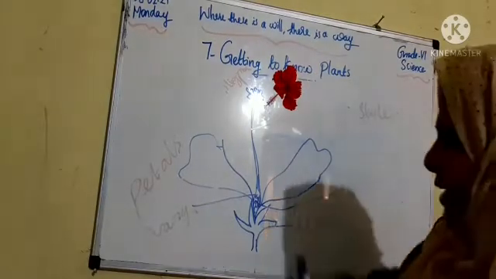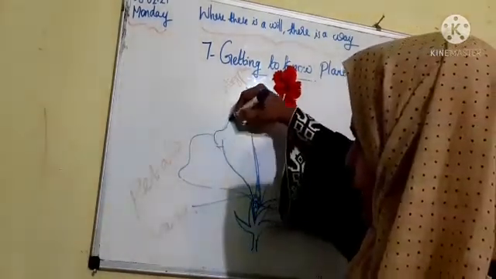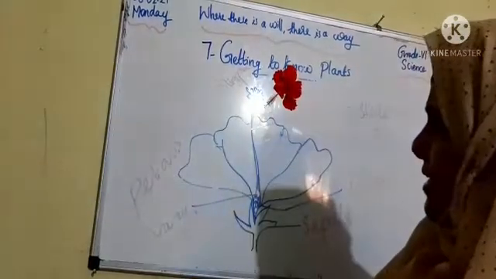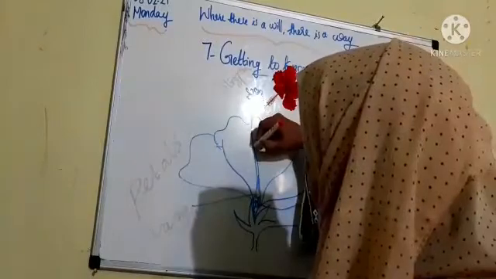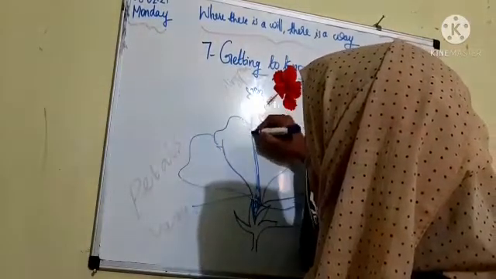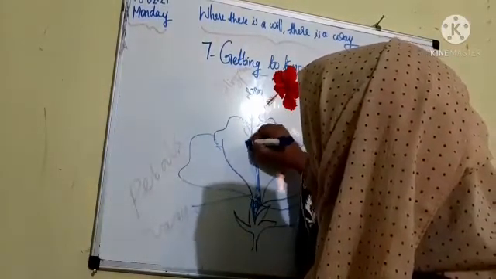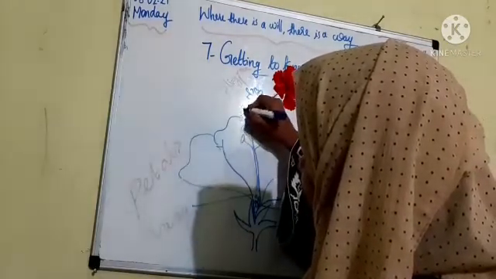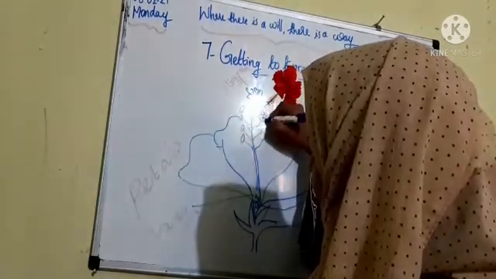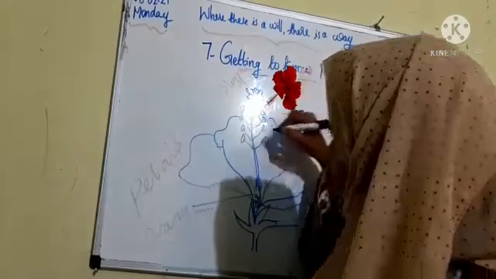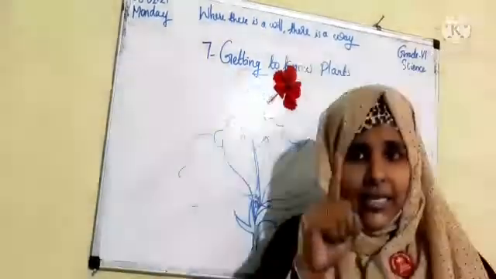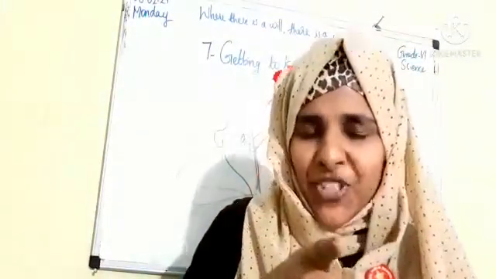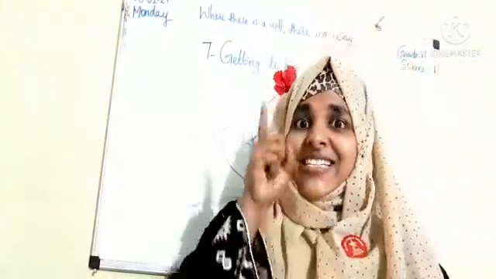Then here we can see different petals. And here we can see a small thread-like filament, right? At the end of the filament we can see the anther. What do we call this together, children? Anther and filament together we call, yes, the male reproductive part of a plant, that is stamen.